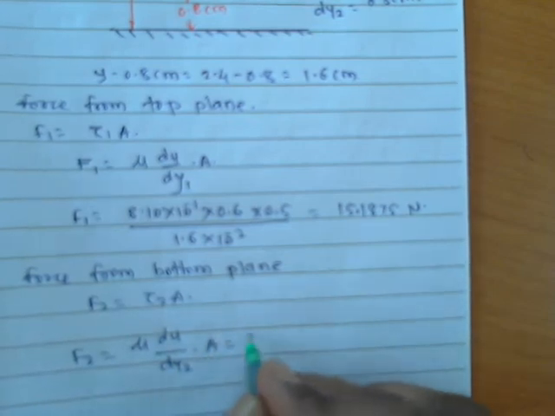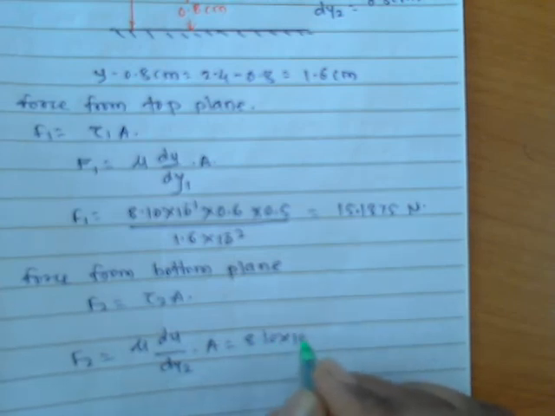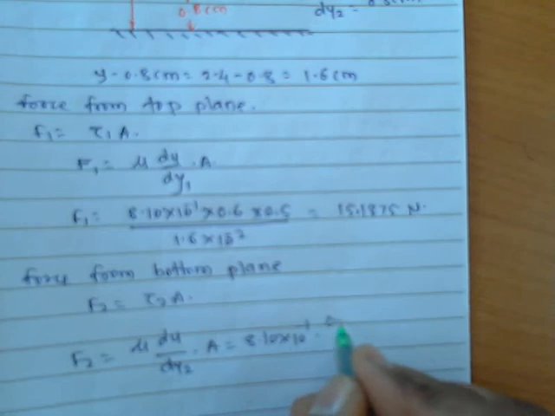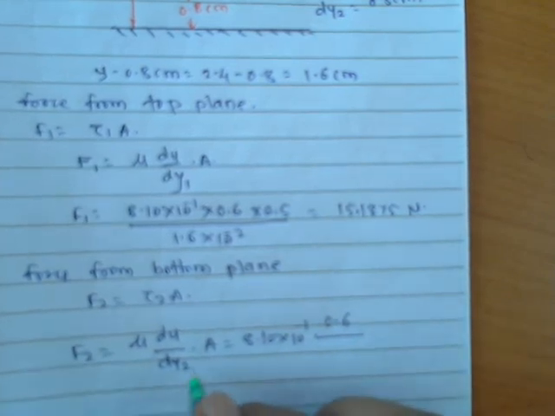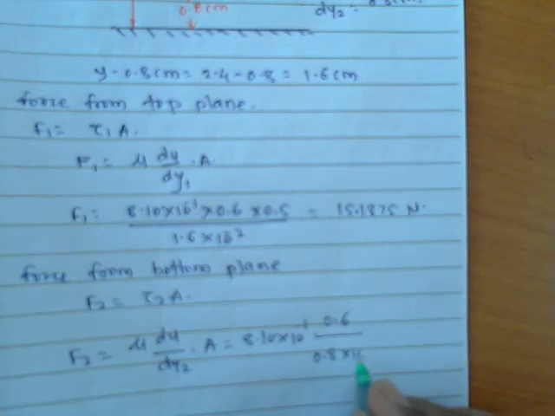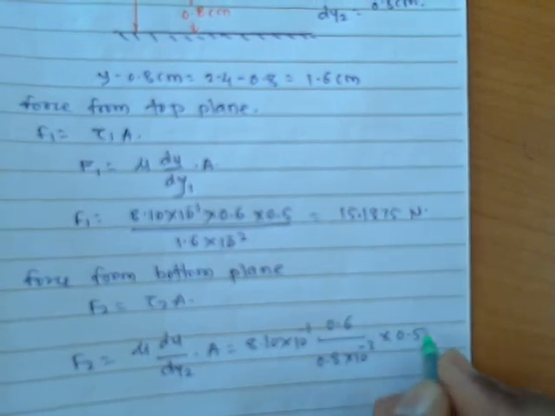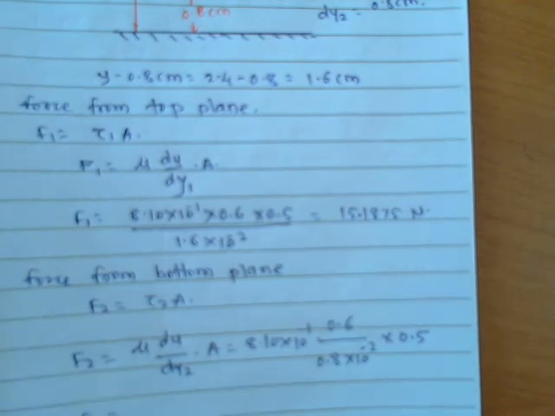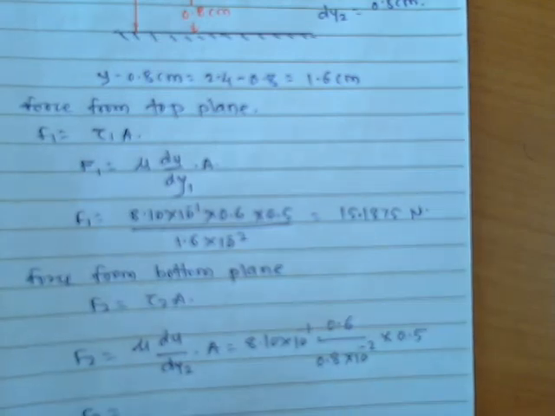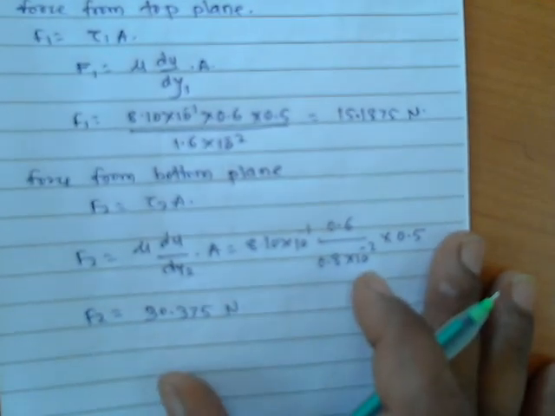So mu is 8.10 into 10 raised to minus 1, du is 0.6, dy2 is 0.8 into 10 raised to minus 2, and area of plate is 0.5. So if you solve this, F2 is 30.375 Newton.